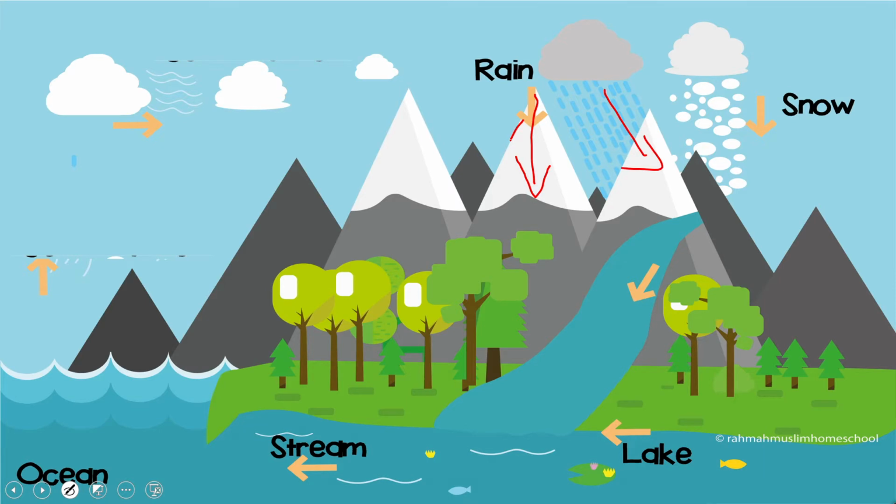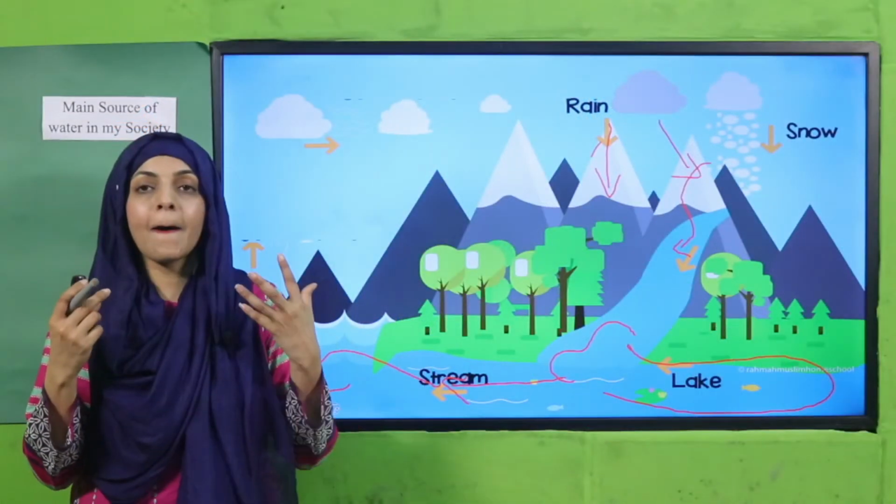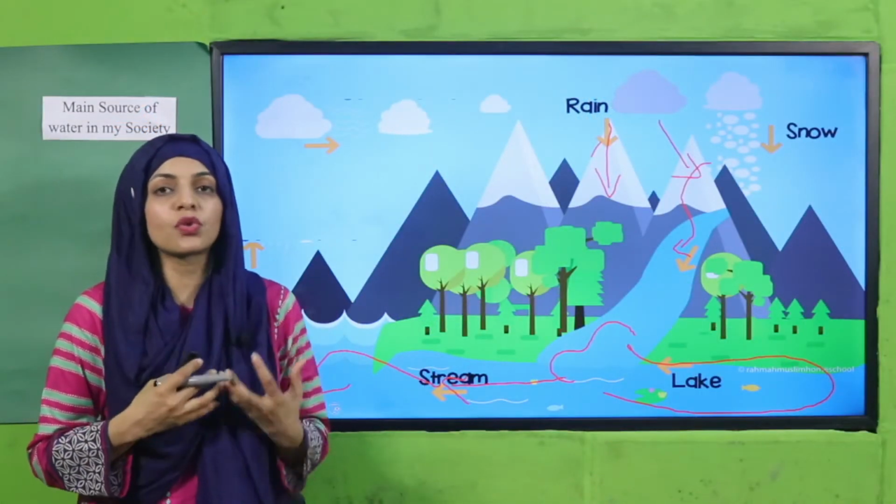The water of rain, and when the snow melts, it goes down in underground, and from there springs बन जाती हैं, यानी कि चश्मे होते हैं, वहां से पानी बाहर निकलता है, and then a lake is formed. And then when the lakes combine, they form rivers and streams. And when all the rivers combine, they fall into the seas and oceans. So these are the natural resources of water.